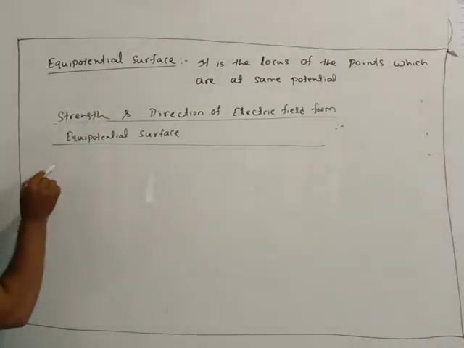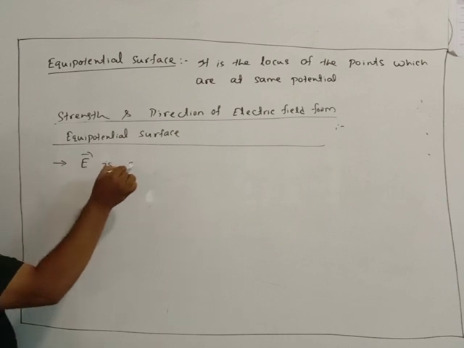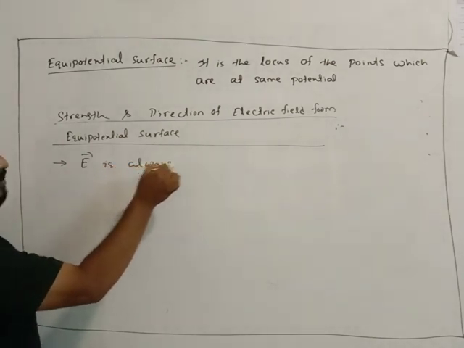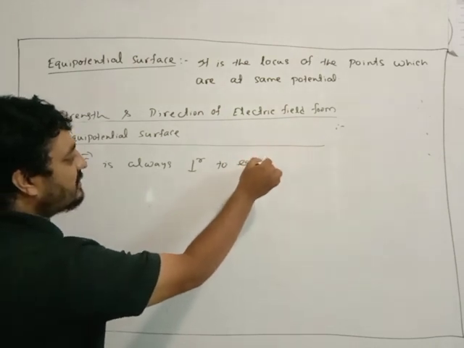So, first, E is always perpendicular to the equipotential surface at every point.